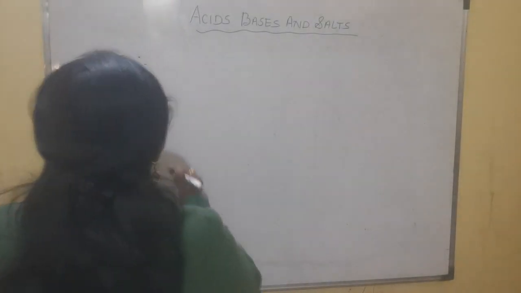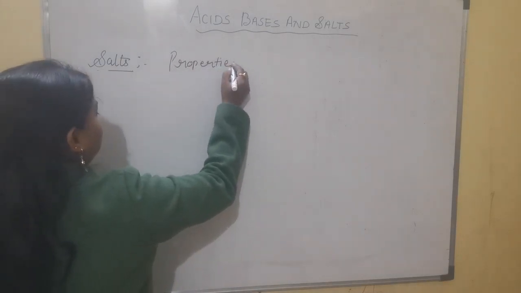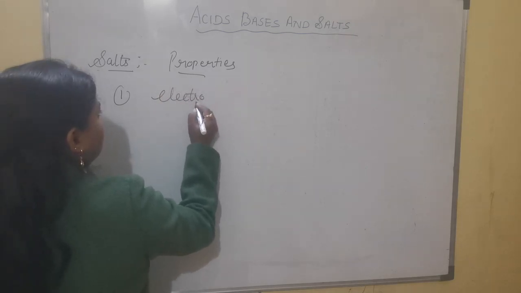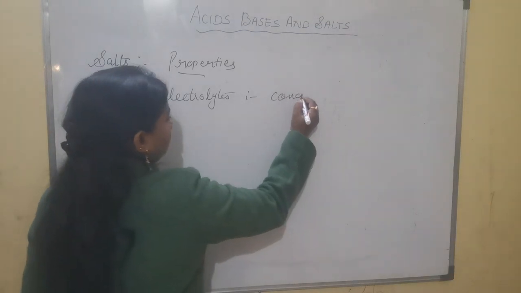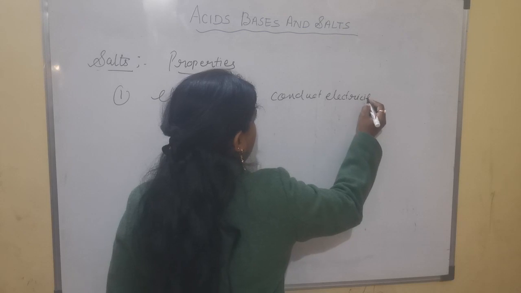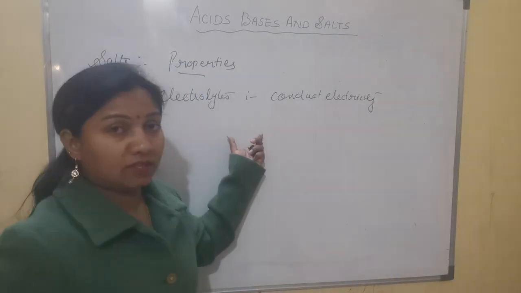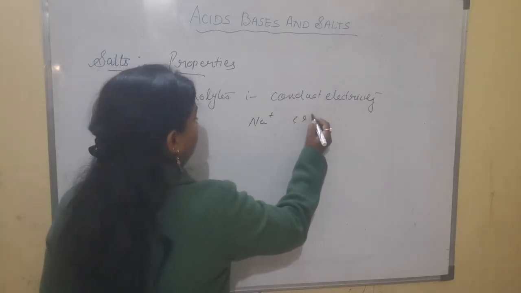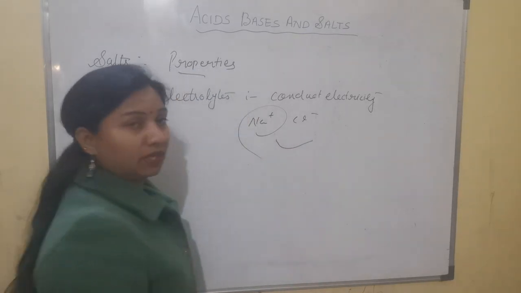Now we have to see the properties of salts. First, they are all electrolytes, that means they conduct electricity. On dissociation, they break into positive and negative ions, and these ions conduct electricity.